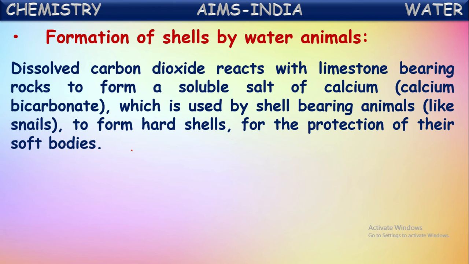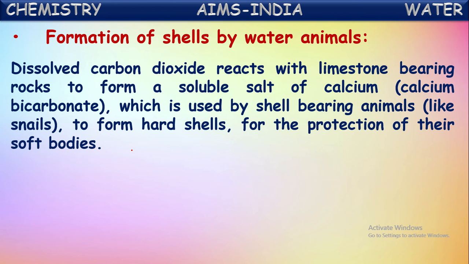taking this calcium bicarbonate. From where is this calcium bicarbonate formed? From the limestone or limestone bearing rocks. Limestone here represents calcium carbonate. So the dissolved carbon dioxide reacts with limestone bearing rocks, that means with the calcium carbonate, and forms calcium bicarbonate.